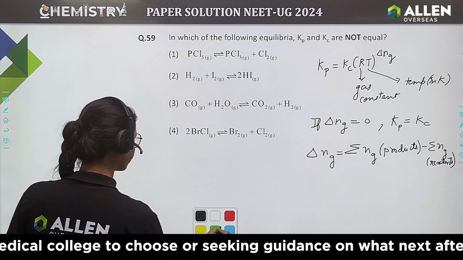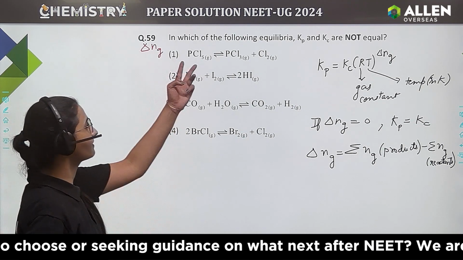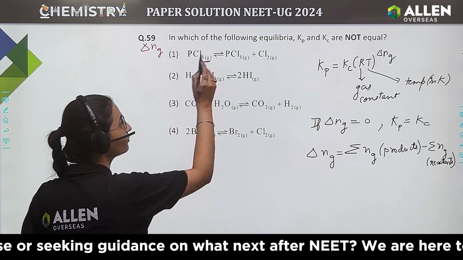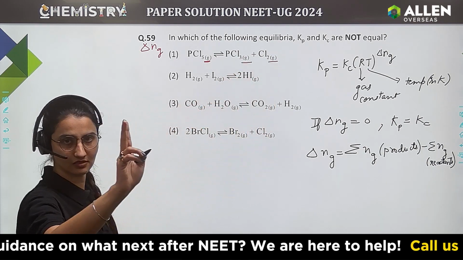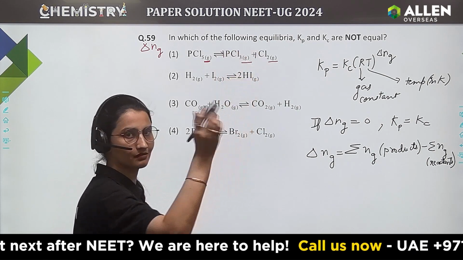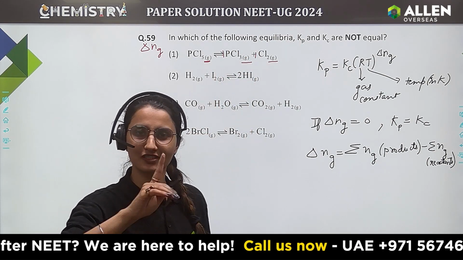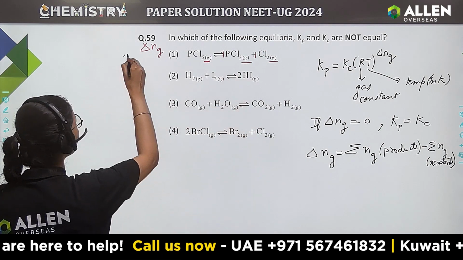See, if I'm finding delta Ng for this reaction, reactant side has only one gas. The product side has one gas, one more gas. How many gaseous things? Two. Here if nothing is written, the stoichiometric coefficient is 1 only. So 1 plus 1, how many moles of products? 2.